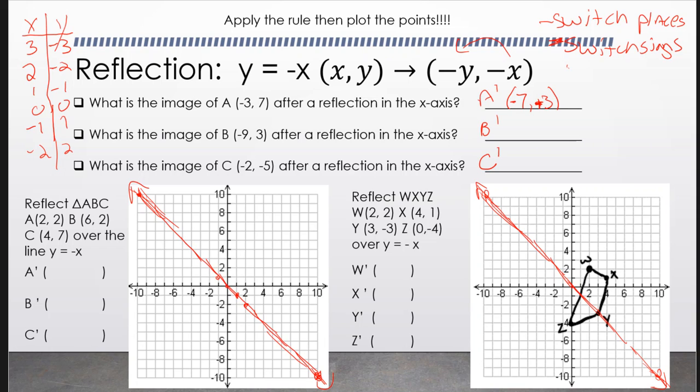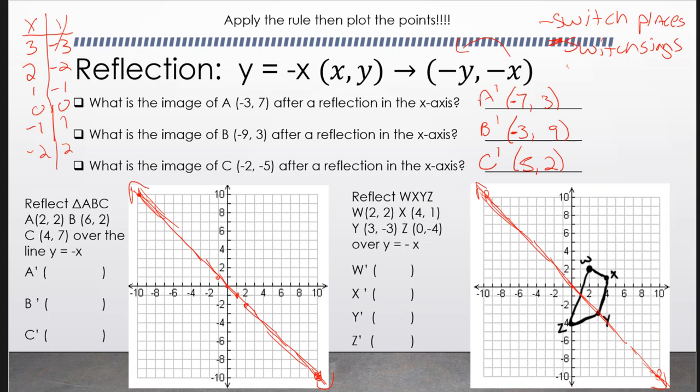Do it however you're comfortable. But again, they switch places and signs. Both have to be done. So for B prime, I'm just going to switch places first. And then I'm going to go back and remember to switch the signs. This is a negative. This is a positive. Again, obviously for any positives, you do not need to write the plus sign. That's just because I wrote the negative there. And then for C prime, it's going to be 5, 2.